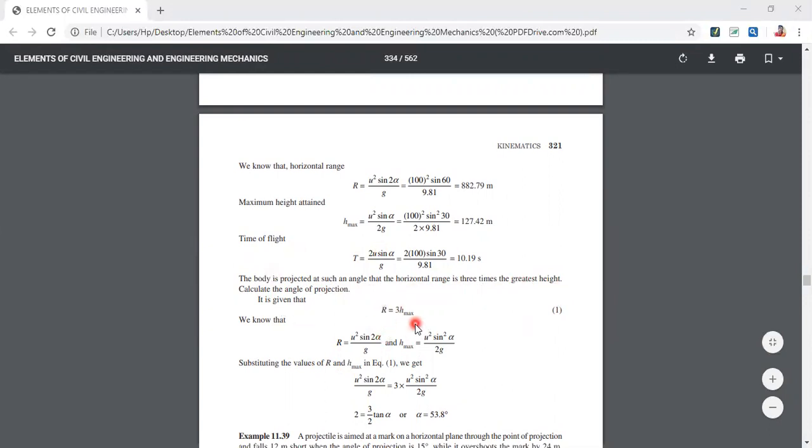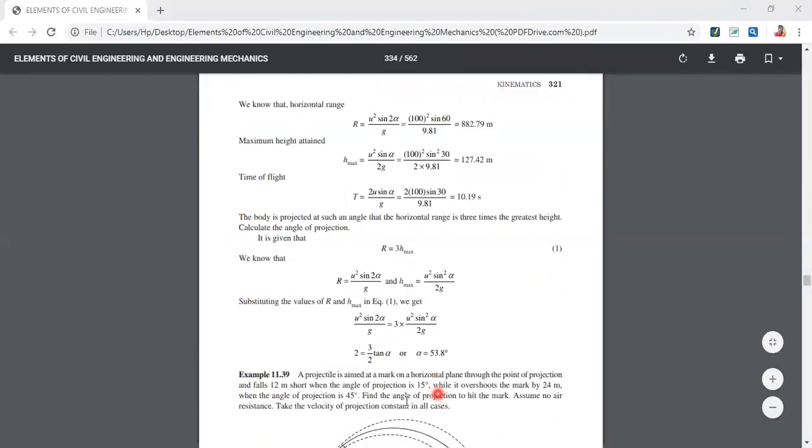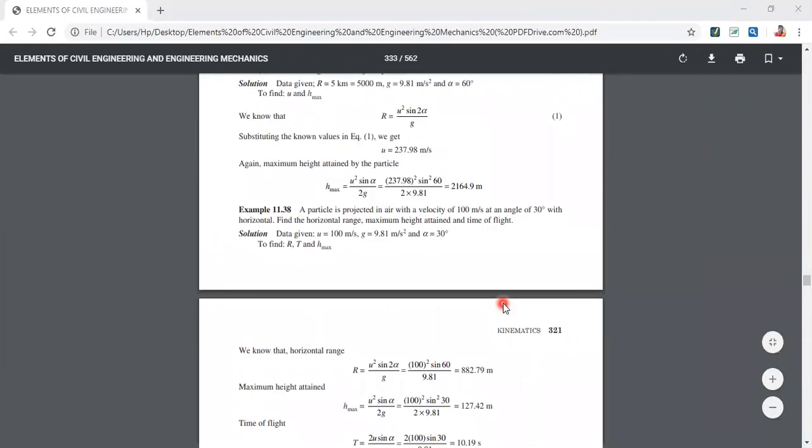The range is 3 times H max. Range equation is u square sine 2 alpha by g, and H max is u square sine square alpha by 2g. So I'll write down the equation for range equal to 3 times H max. From here I can get the value of alpha, that is 53.8 degrees.